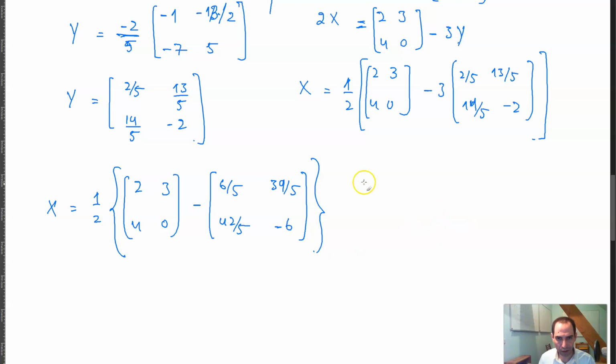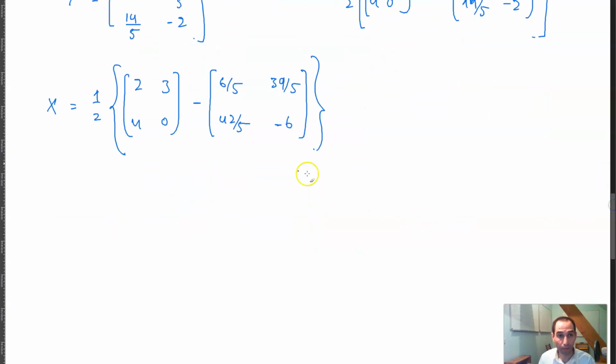And if I do this calculation, I will get 2 minus 6 fifths, which is the same thing as 10 fifths minus 6 fifths, equal to 4 fifths. 3 minus 39 fifths would be 15 fifths minus 39 fifths.